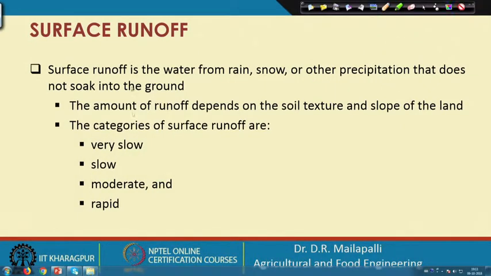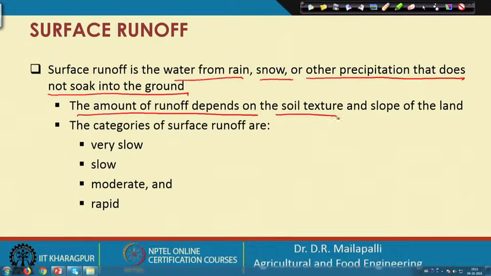The next is the surface runoff. Surface runoff is the water from rain, snow, or other precipitation that does not soak into the ground. Whatever abstractions are done, the amount of water running off from the field, which is a part of precipitation, is called the runoff, and the amount of runoff depends on the soil texture.